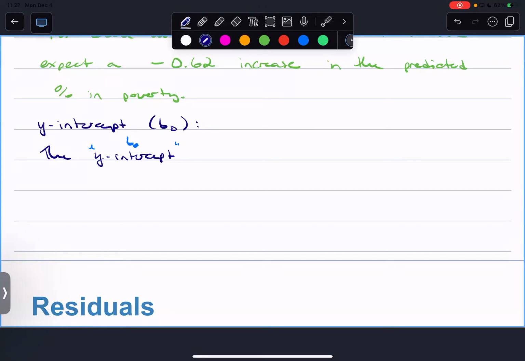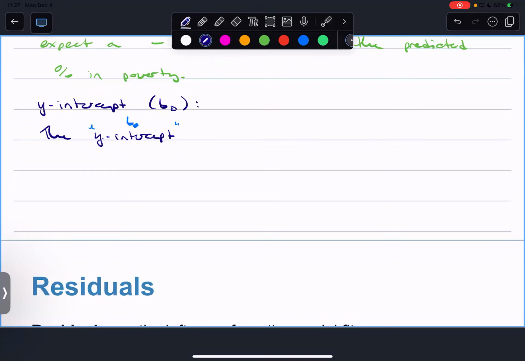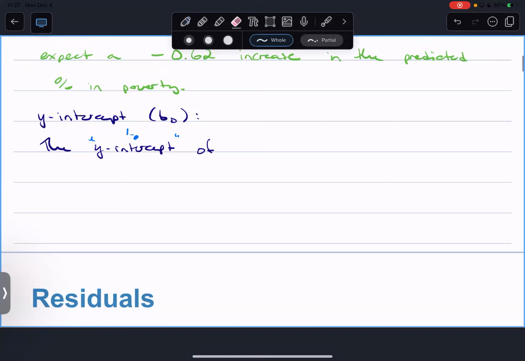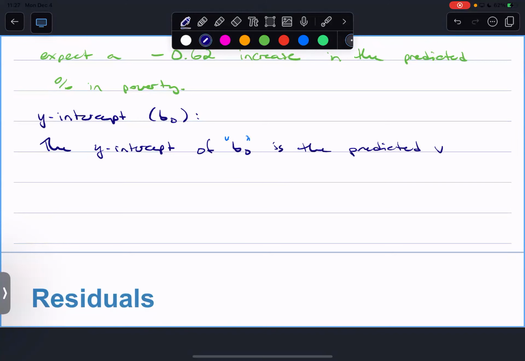Sometimes the sentence structure doesn't work out, but the y-intercept, B0, is the predicted value of Y, whatever Y is, when X, whatever X is, is 0.